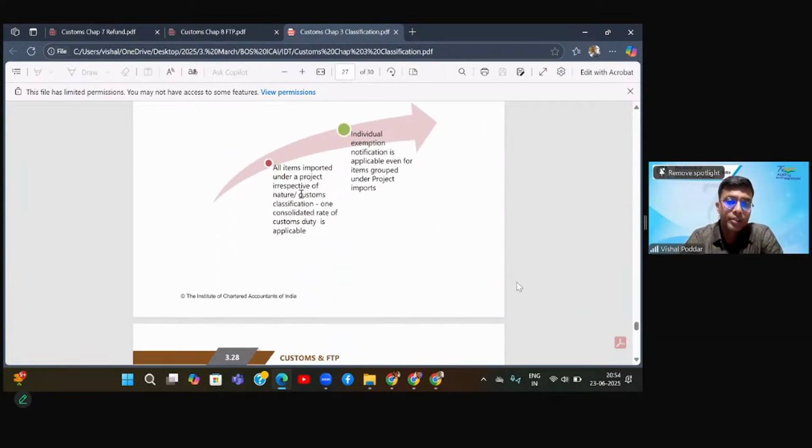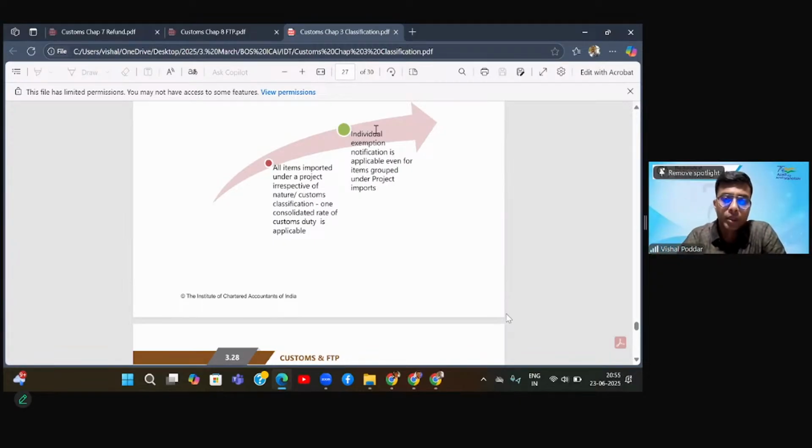What does the classification say? All items imported under project import, irrespective of their respective headings, will have one consolidated rate of customs duty. So in short, for project imports, like how in GST we have the concept of composite supply and mixed supply, here also you have a similar concept called project import, where there is a specific category of rates given.